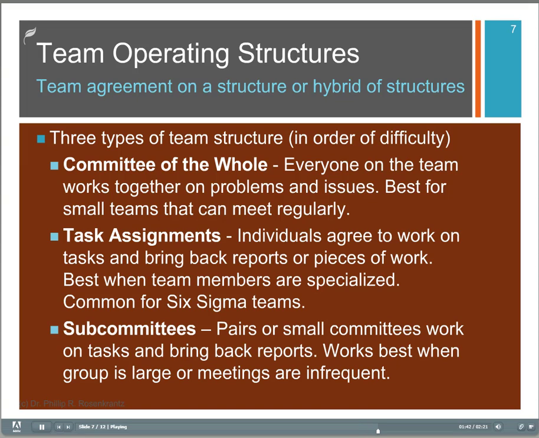That's probably good for larger teams or committees, or when groups don't meet very frequently. Now, a hybrid would be a task assignment team, for example, that does set up an ad hoc committee or set up subcommittees for specific reasons, and then when it's not needed anymore, they would disband.